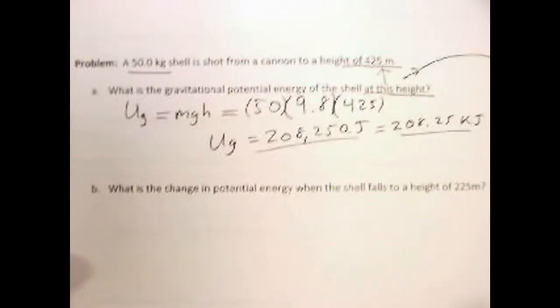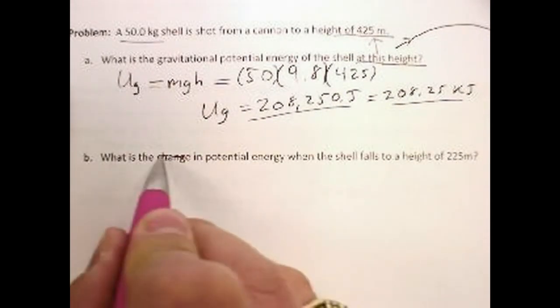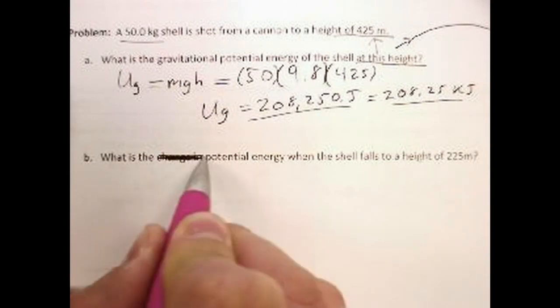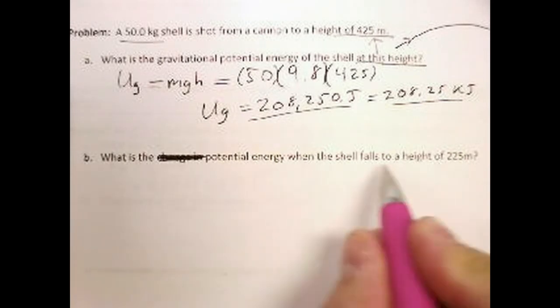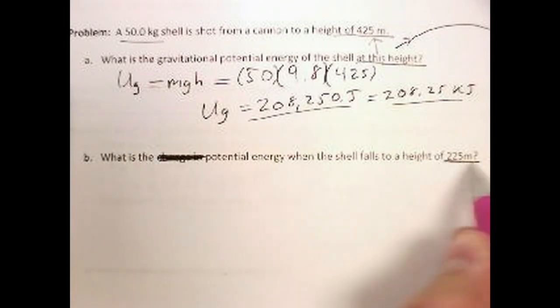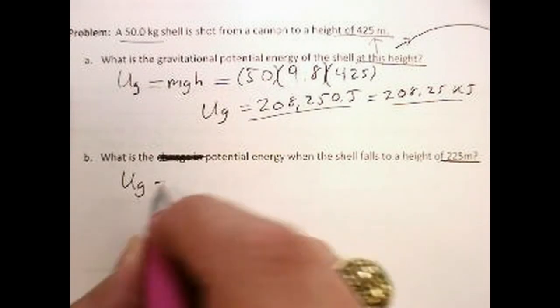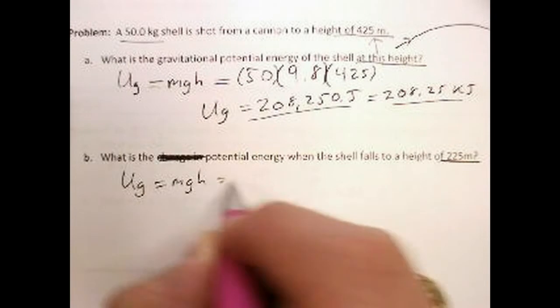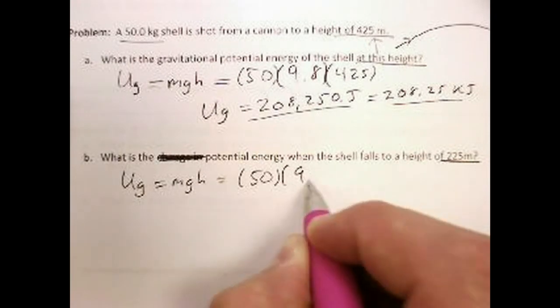And for the last question in class, I changed it just a bit. I marked out change in. I'm not going to mess with change in potential energy right now. I just want to give you practice calculating potential energies. What's the potential energy when the shell falls to a height of 225 meters? So once again, potential energy equals mgh. Mass does not change. Gravity does not change.